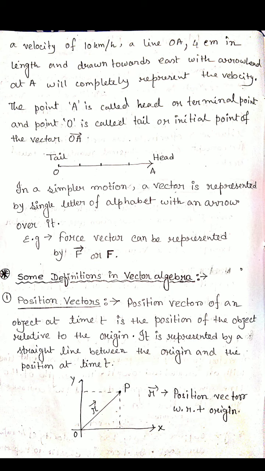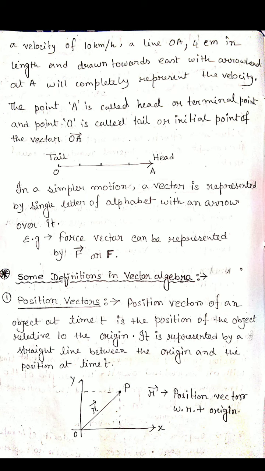For example, the force vector is denoted by the first letter of force, that is F, with an arrowhead over it. Or in higher studies, in some books you see the force vector written as a bold letter. That bold also represents a vector quantity. So in this way we can represent any vector quantity.